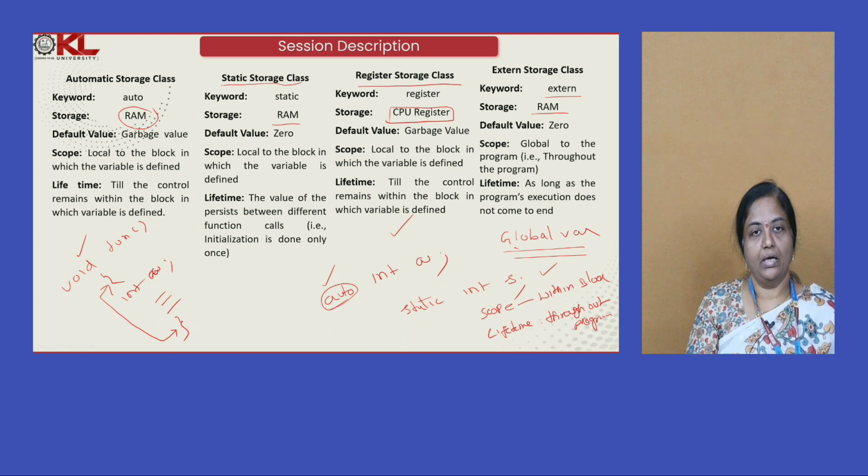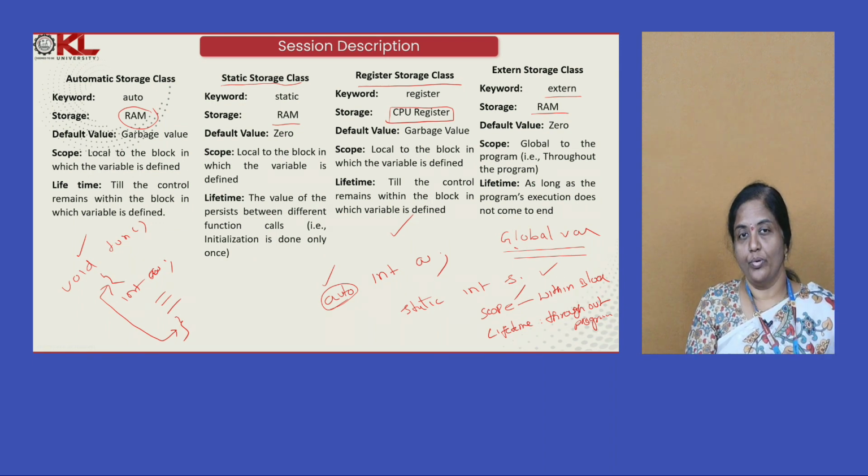It will retain the values between the function calls. It preserves the value. The lifetime of the variable is throughout the program. The value will be retained and won't be changed unless you forcefully change it in some function where its scope is there.